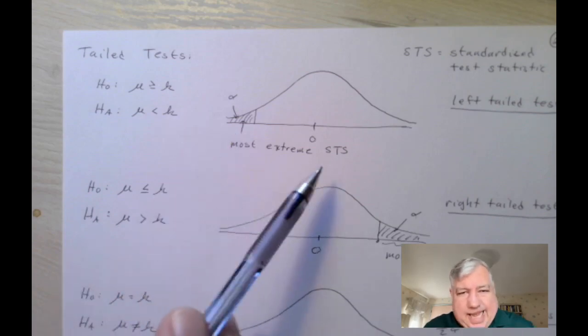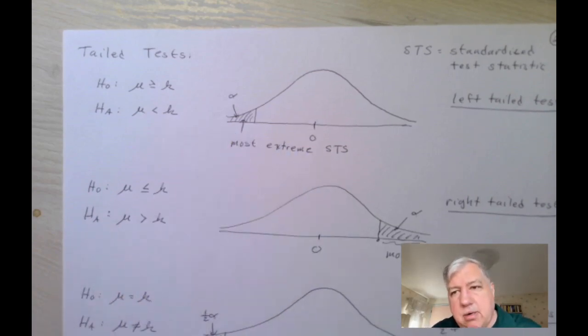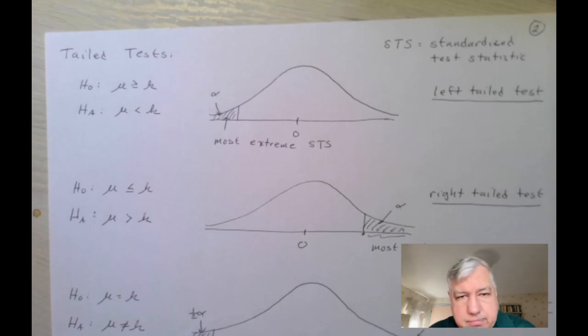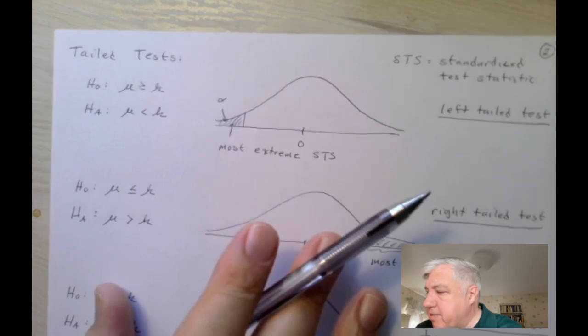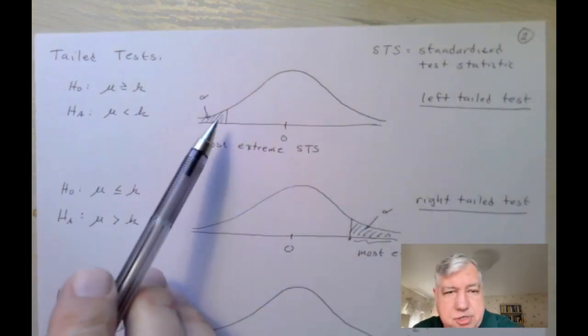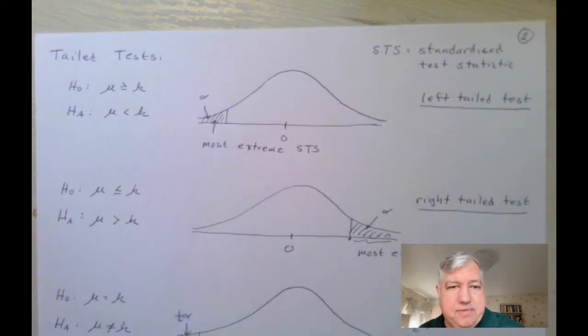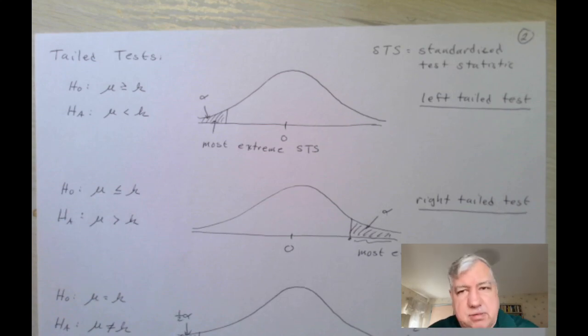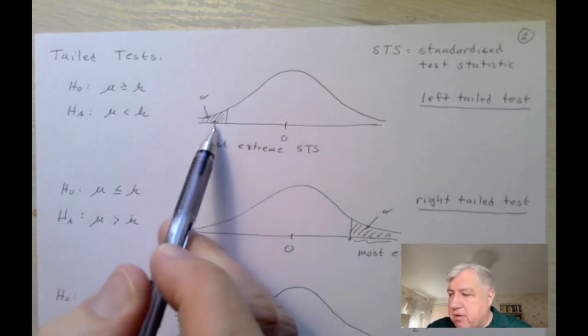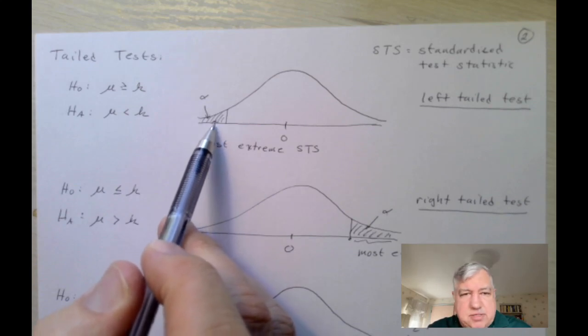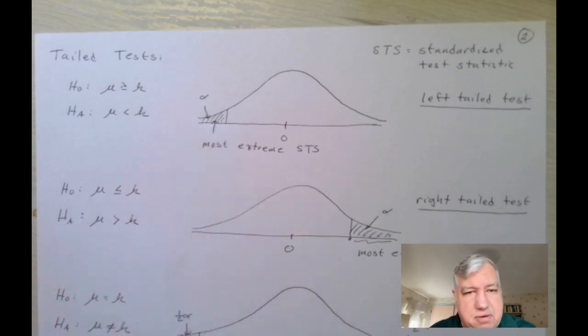Now we notice that k does not actually appear here, and that's because we're standardizing all this using a standard normal distribution in this case. So this shaded region, if that's alpha, alpha is going to be a certain percentage. And what we're going to be looking for is to see if our standardized statistic is in here.